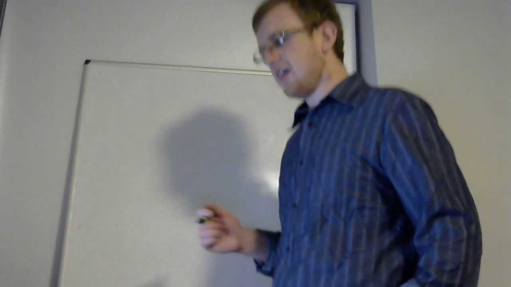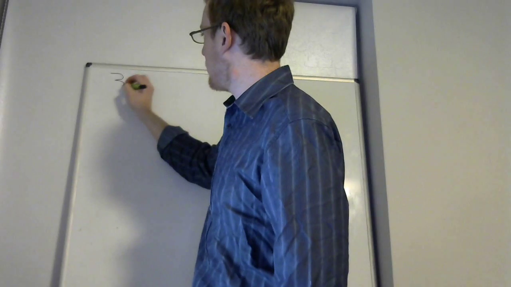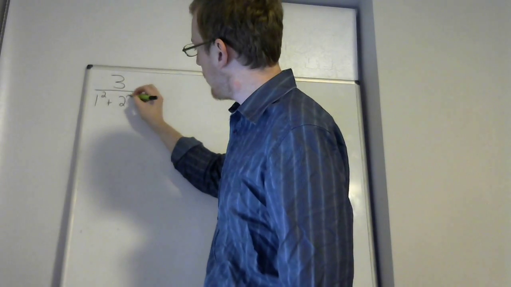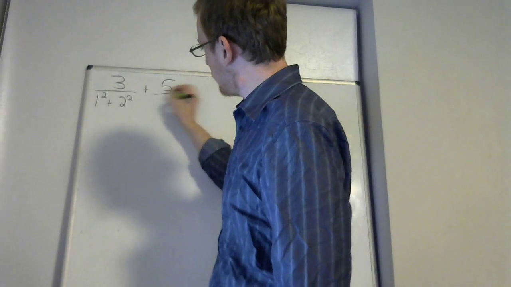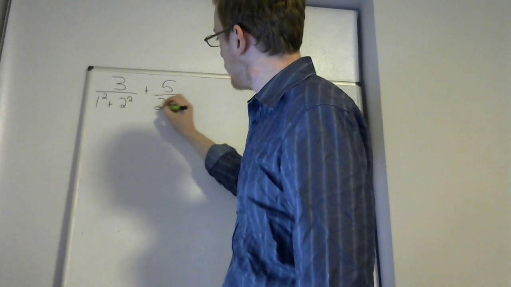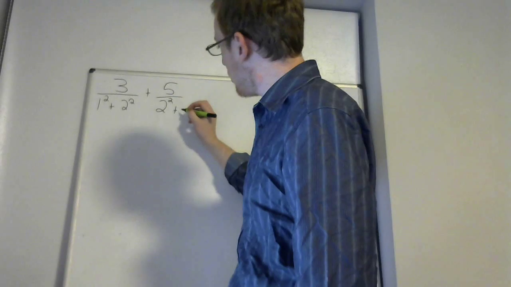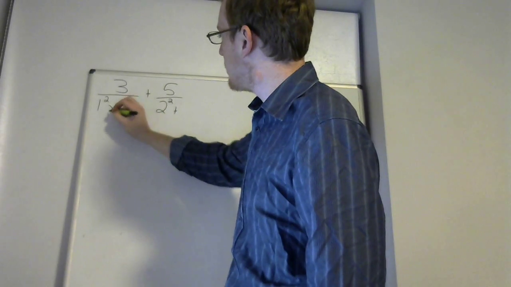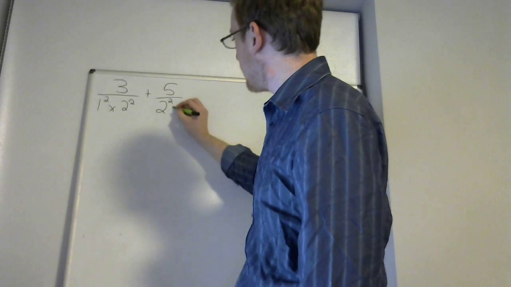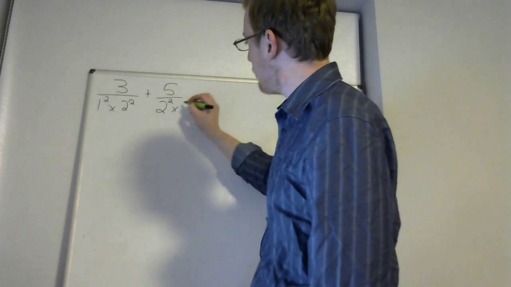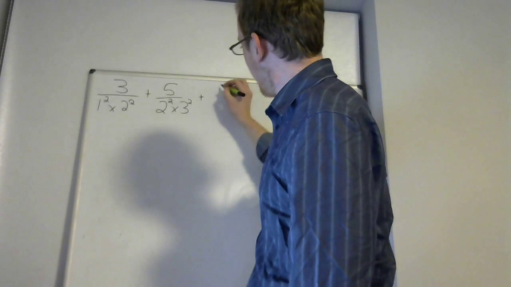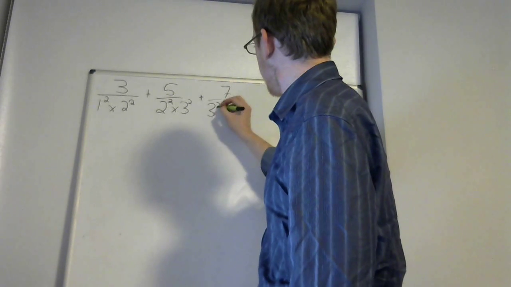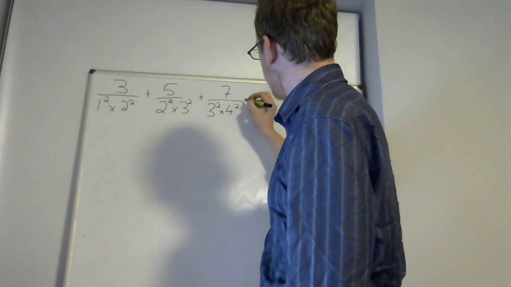Okay. So we've got to prove 3 over 1 squared times 2 squared, plus 5 over 2 squared times 3 squared, plus 7 over 3 squared times 4 squared, and so on.